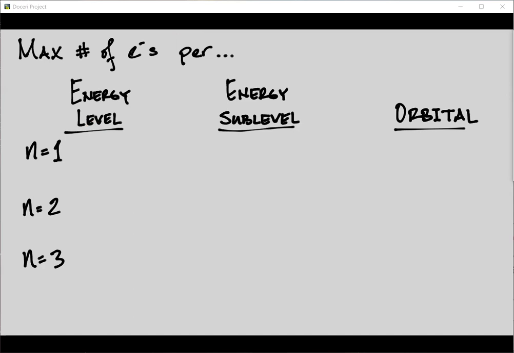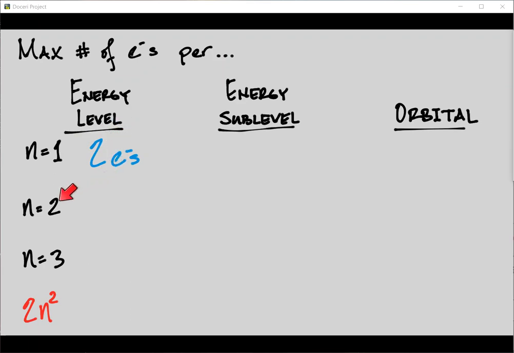I gave you an equation for the energy level. It's 2n squared. So all you have to do is plug the value into that equation. For the first energy level, that would be 1 squared times 2, which is equivalent to 2. So the maximum number of electrons that the first energy level can accommodate is 2.